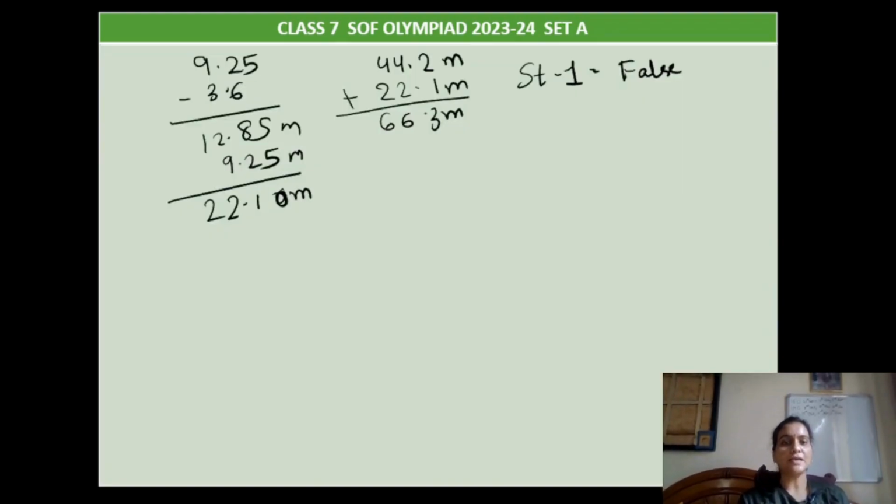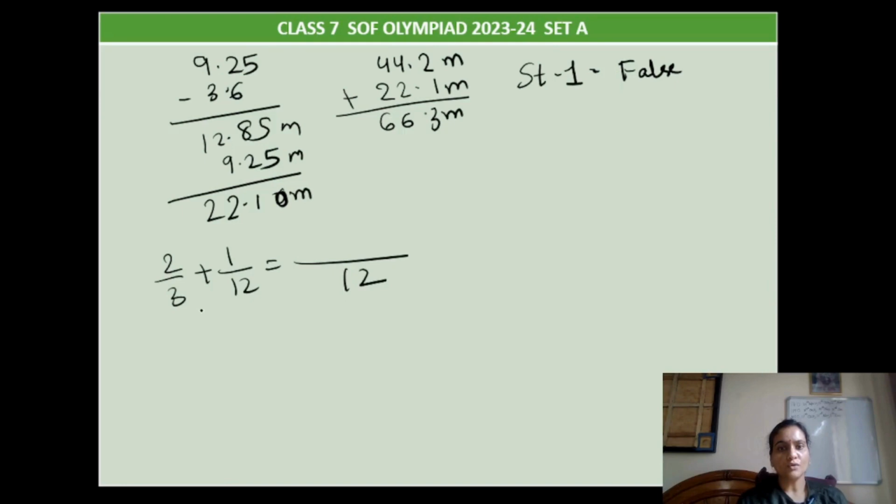So 2 by 3 plus 1 by 12. Obviously the LCM is 12. So 12 divided by 3 is 4. 4 into 2 is 8. Here again 1 comes. So 9 by 12. 9 by 12, if we simplify, is 3 by 4. Now the neighbor has painted 1 by 4. So it becomes 2 by 4, or we can say half.